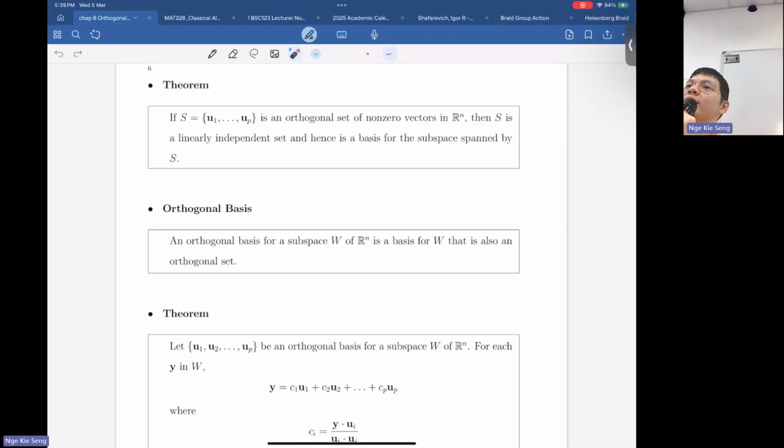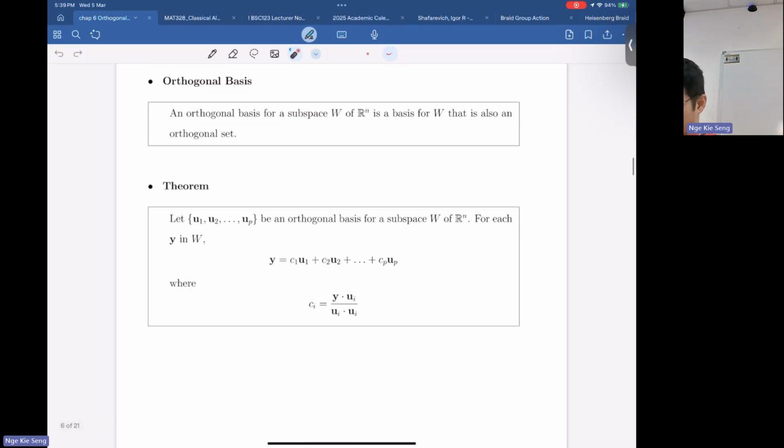Linearly independent and span. But now we have an extra condition: between every two vectors must be 90-degree. This is true for your standard basis, the xy plane, and x, y, z also 90-degree to each other. So they are orthogonal bases.